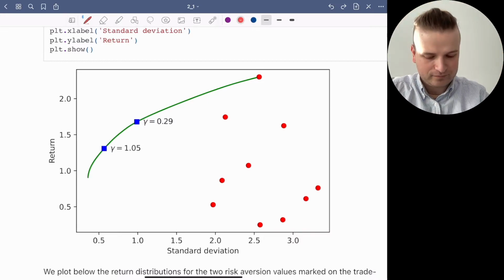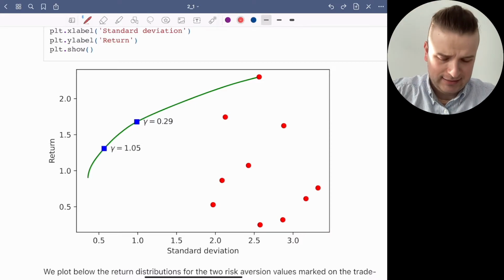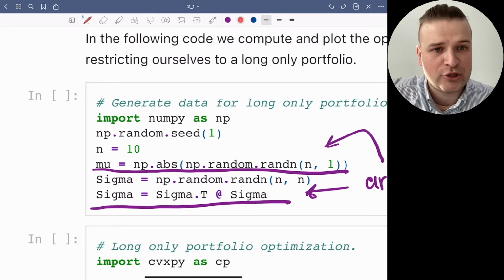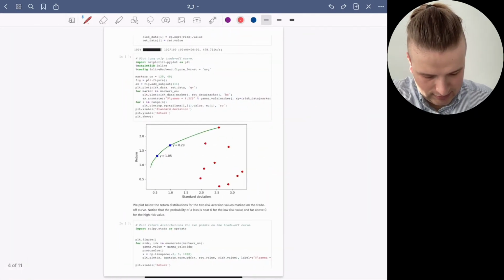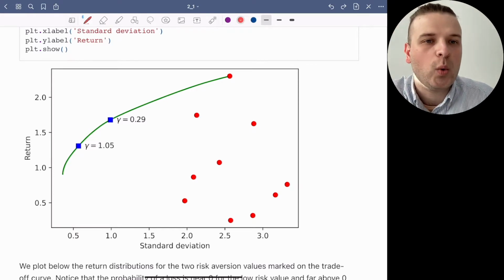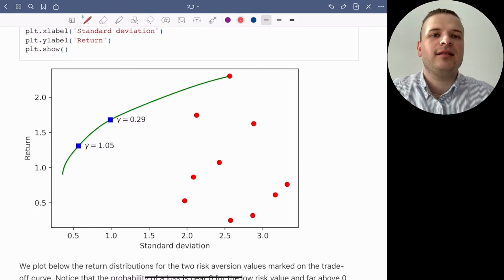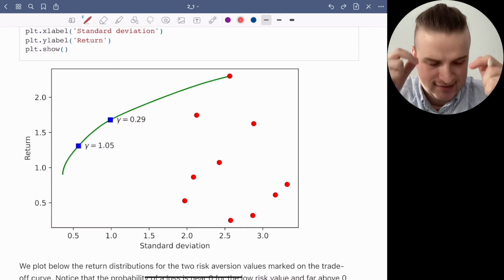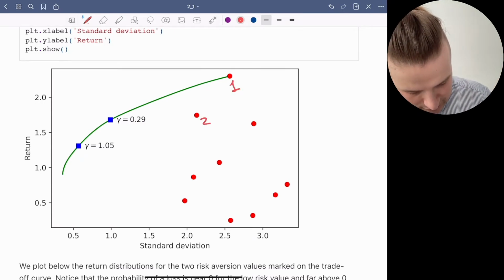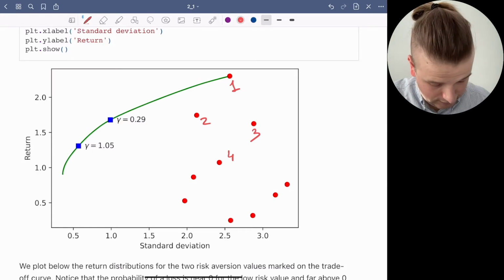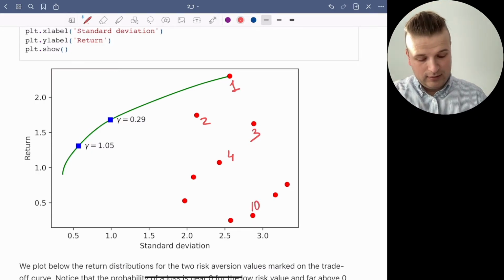So we generated the problem with dimension of 10. Each of these red circles means just what would happen if I take all the money I have to one asset. For example, the first asset, the second, third, fourth, and so on. I don't know the exact numeration here, doesn't matter. Let's say 5, 6, 7, 8, 9, 10. Yes, and that's it.